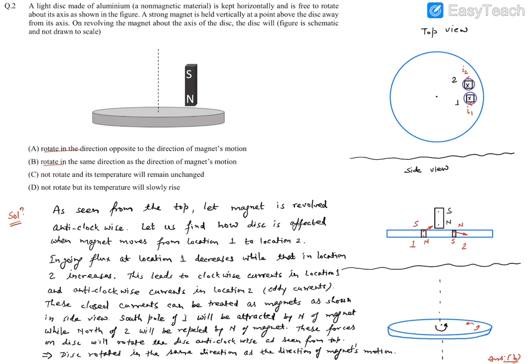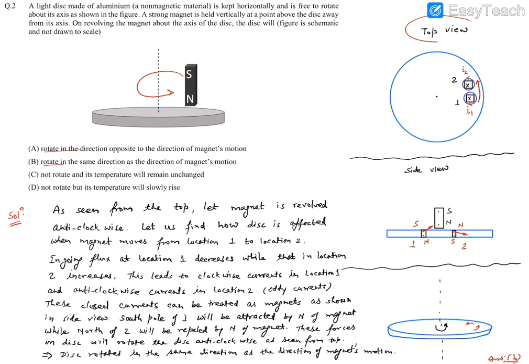So let's consider the top view of it. So this is the top view, and let's say initially the bar magnet was placed at this location, and I have moved this bar magnet from one location to two location. That means I want this bar magnet to move like this.